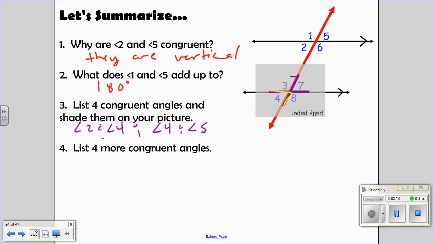And again, angle 4 and angle 7 are bow tie. So I could also say angle 4 is congruent to angle 7.